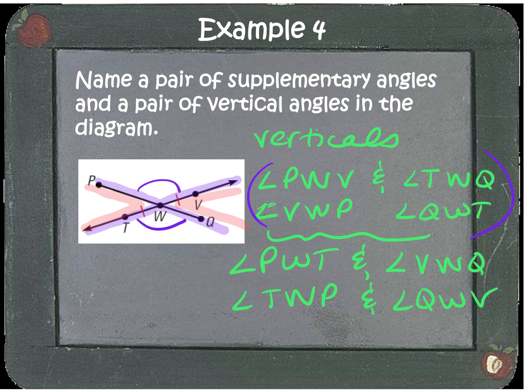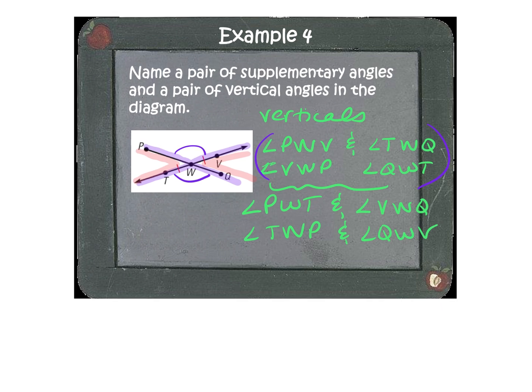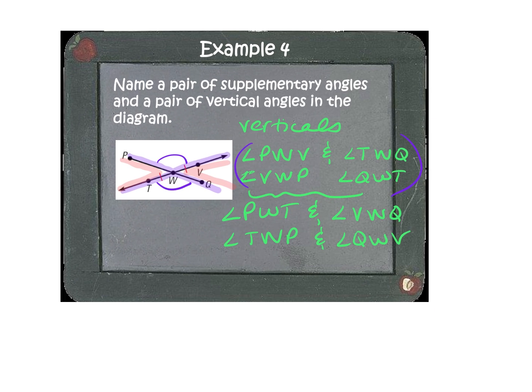Now there's a bunch of supplementary. So remember, when we have a picture like this, really what we're looking for also is a linear pair, because remember, supplementary angles add up to be 180 degrees. So let me go ahead and write the supplementary over to the side.